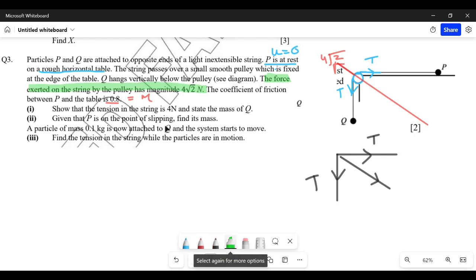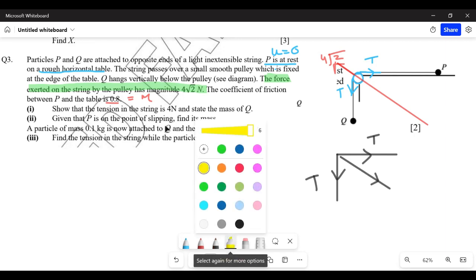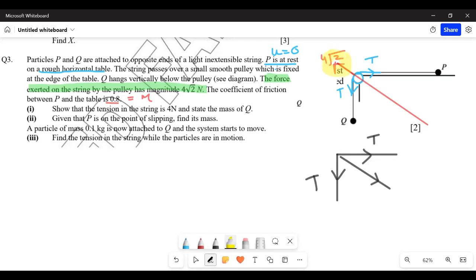We can use Newton's law here that every action has an equal and opposite reaction. So if there's a force of 4 under root 2 Newton acting on the pulley by the string, and the system is in equilibrium, that means there's a force in the opposite direction of the same magnitude. It's kind of like the relationship between normal contact force and the weight.